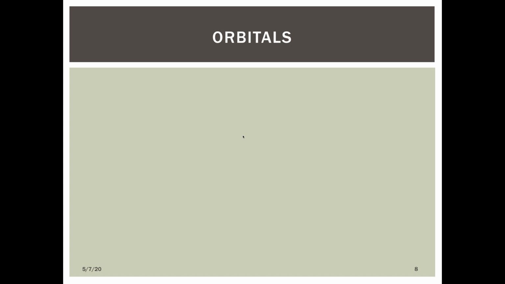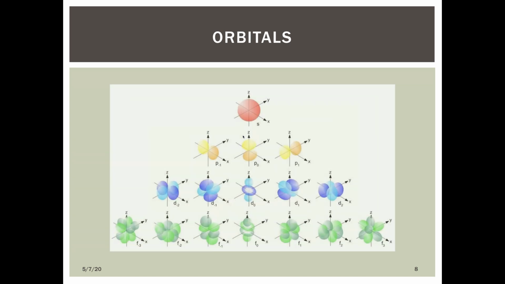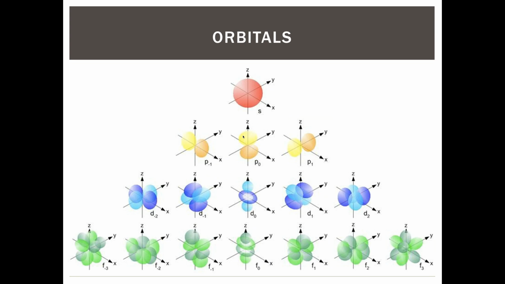Actually, the analogy we're going to use for orbitals is houses with rooms, and each room will be an orbital, and the house is the sublevel. Now, orbitals actually have very specific shapes according to the Schrödinger wave equation. An s orbital is spherically shaped. P orbitals are sort of this weird dumbbell shaped, or two jelly beans side to side.